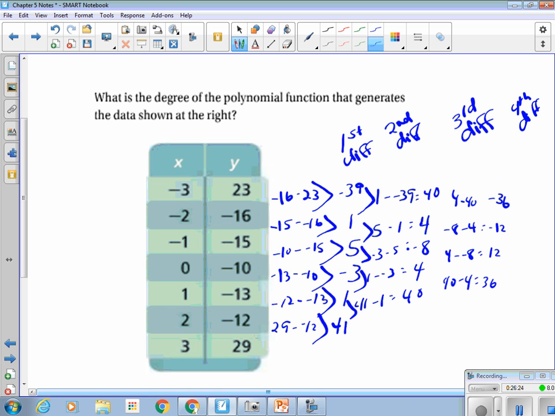Super fun. Okay. So my fourth difference is going to be negative 12 minus negative 36, which is 24. And then I got 12 minus negative 12, 24.